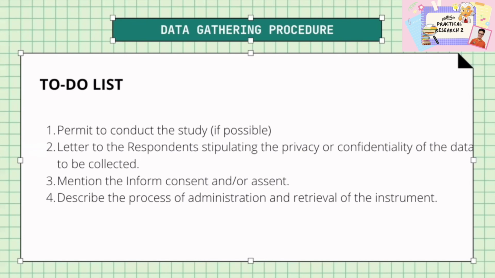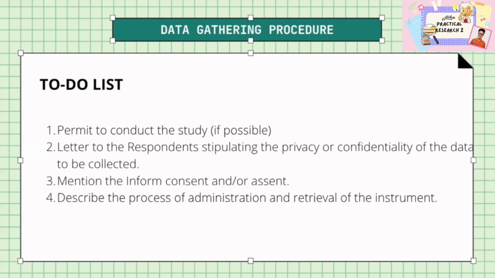For example, you may write or ask permission from the principal of our school before you do your research study. Or you may ask your practical research teachers to give you permission to conduct your research study. Of course, by approving your research title, that means we allow you to conduct your research study.